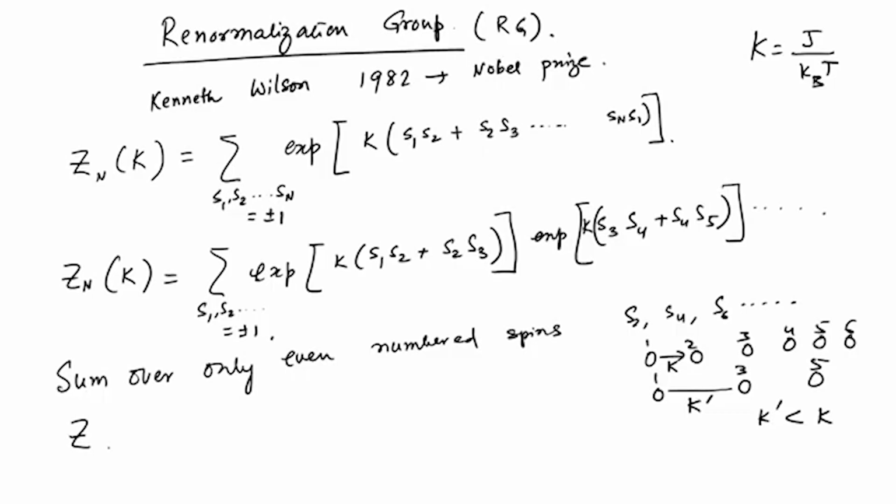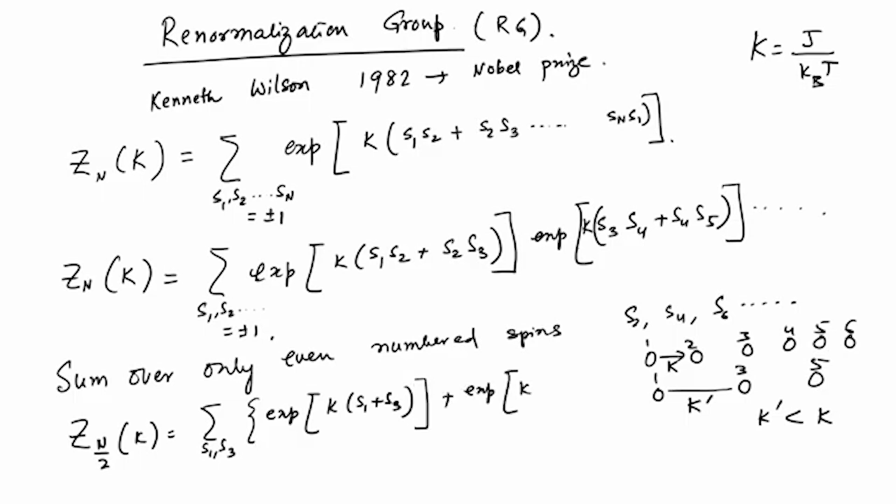So, for these N by 2 spins, we have S1, S3 etc., which can be written as exponential K (S1 plus S3) plus exponential of minus K (S1 plus S3), this for S2 equal to plus 1 and minus 1.